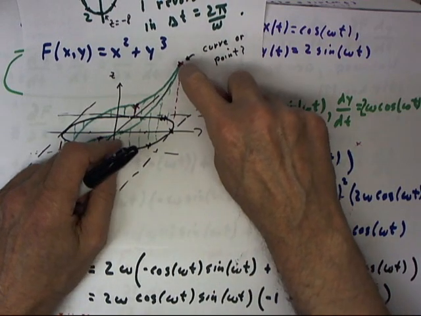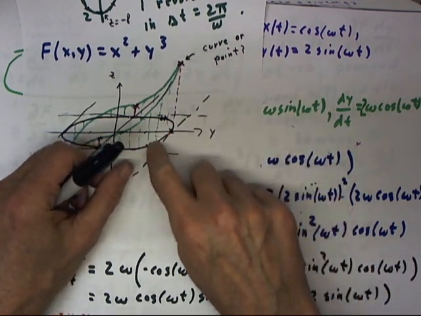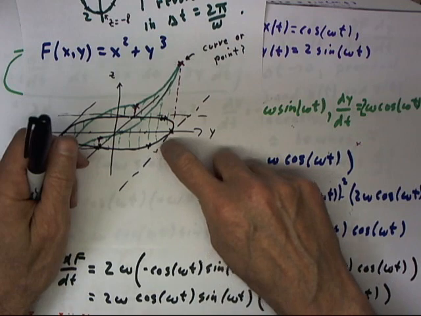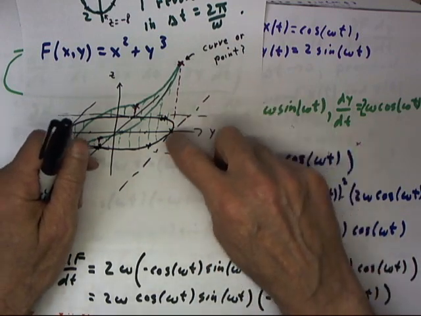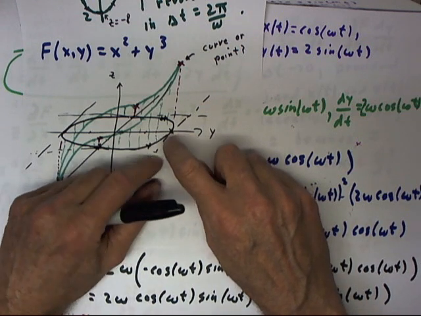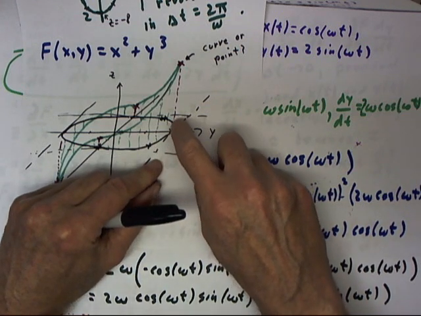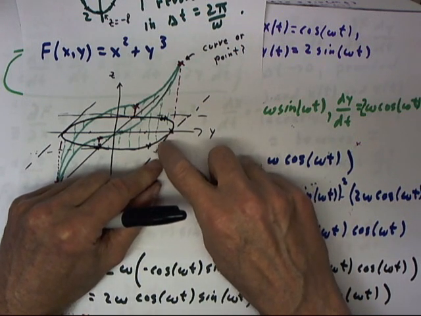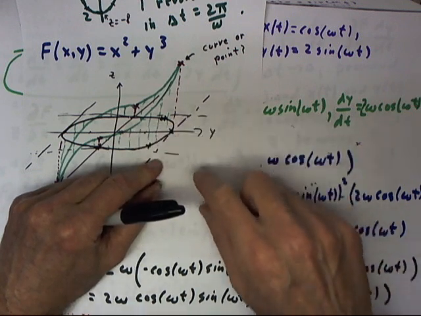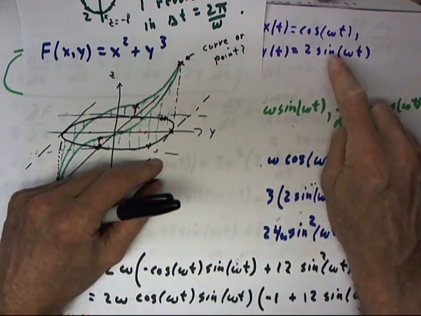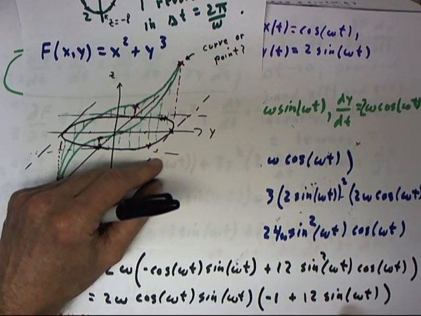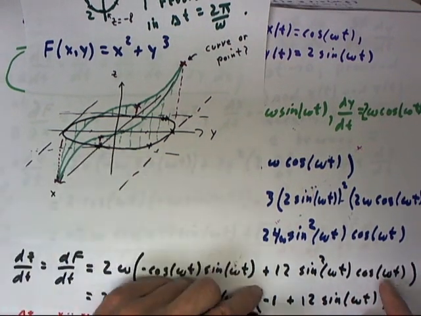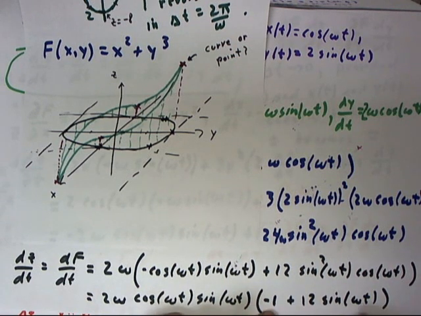As we approach this point, our y value on the ellipse is going to be close to 1. It's going to be close to 2, close to its maximum value. Now, it's not going to change much from its maximum value near the peak of this ellipse, which means that the sine of omega t is going to stay pretty close to 1, which means that this part of our derivative is going to stay pretty close to 11.